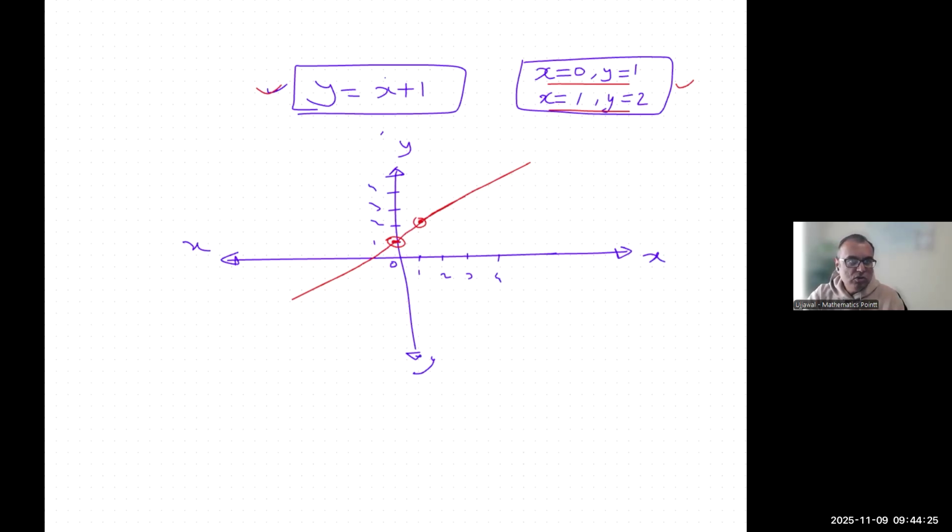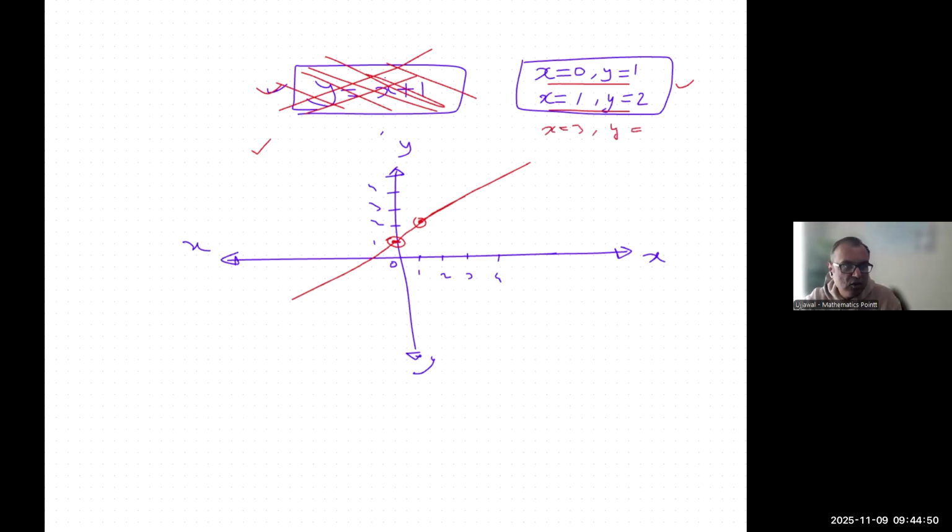If I don't know this rule, for example, I forget this, I am not aware of this now. Forget about this for a second. And now I have just been given this graph, and I'm asked, when x is 3, what is y?